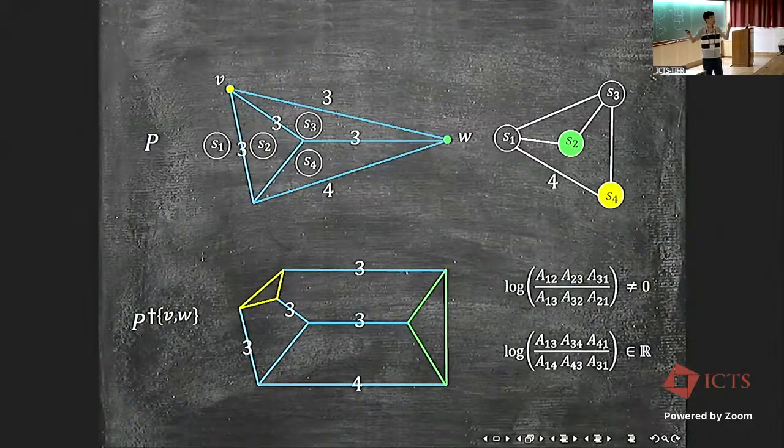In a polygon, if you deform it in a hyperbolic setting, then there is the length of an edge. Similarly, there is some corresponding notion, so the length can be generalized. In this case, the log might be just the ratio of the cyclic products. When this ratio of the log is 0, you cannot truncate the vertex.